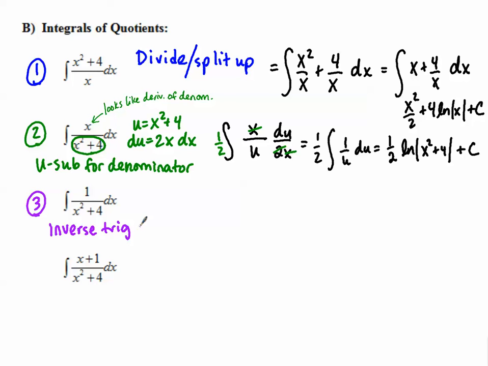How do I know that? Well, I've memorized the inverse trig setups. So I know that the integral of the quotient, where there's just a constant in the numerator but perfect squares in the denominator, that's looking pretty similar.